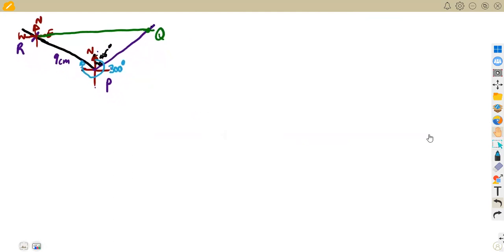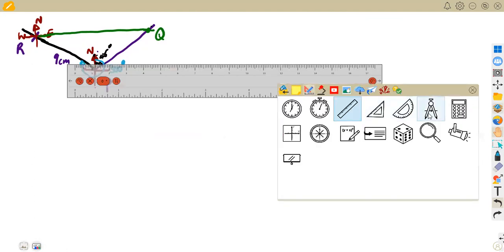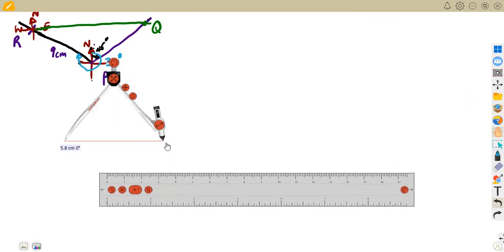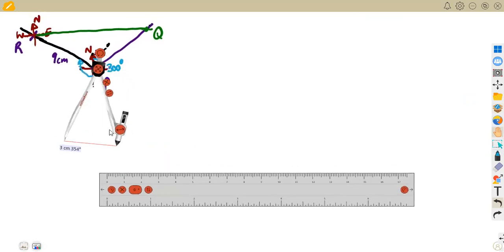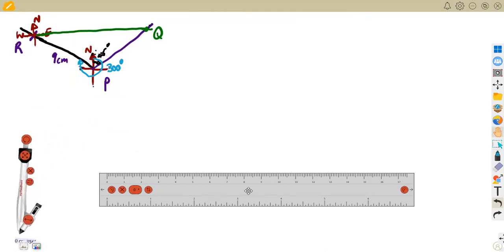All right, so let us have our instruments for construction, which in this case are just a ruler and a compass. These are the instruments that we are going to need so that we can construct this whole triangle.